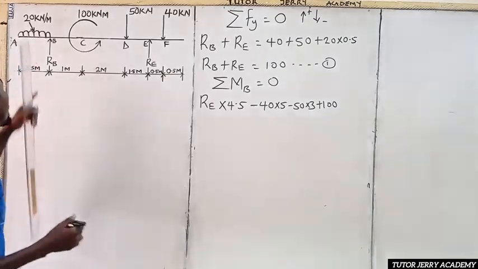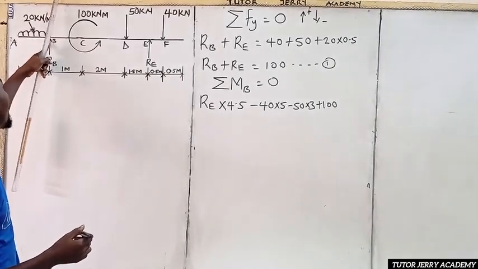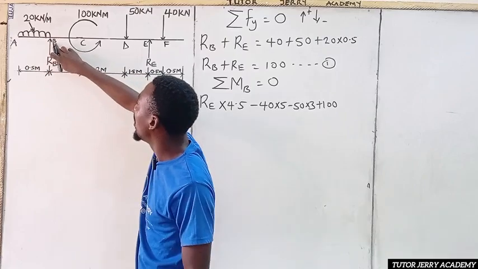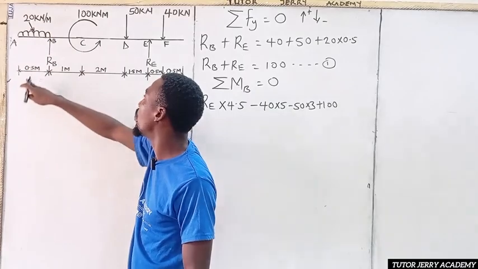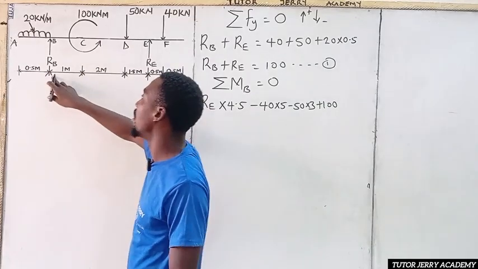All right, so if we take the moment about point B, that is what we are going to have. But don't forget that we still have a uniformly distributed load here, which we already converted to a point load by multiplying by the length it covers.